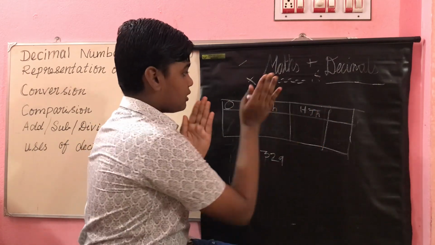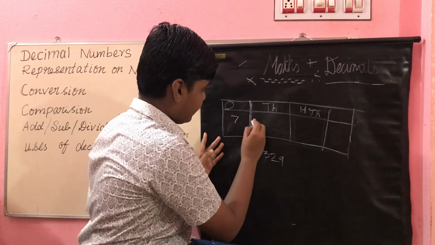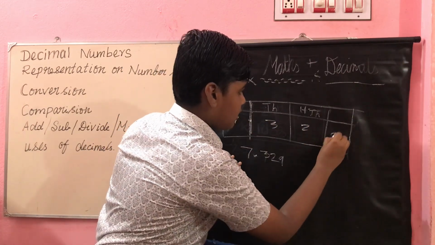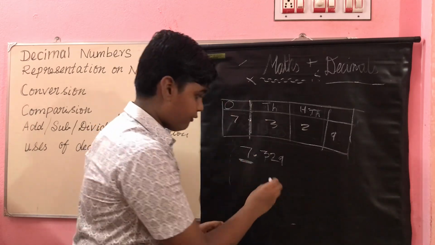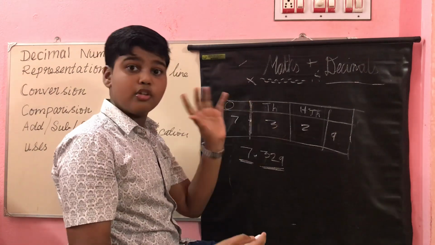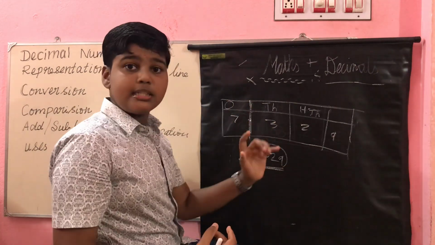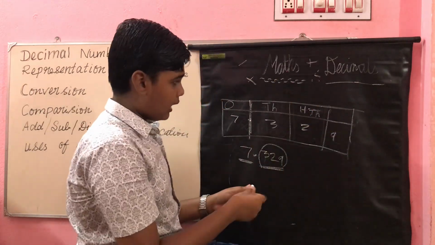These two parts are different from the whole numbers. So it will be like this, 7.329. This is called the decimal fraction, and this is called the decimal place. The numbers in the decimals are known as the decimals. We already know that they are expressed as tenths, hundredths and thousandths.